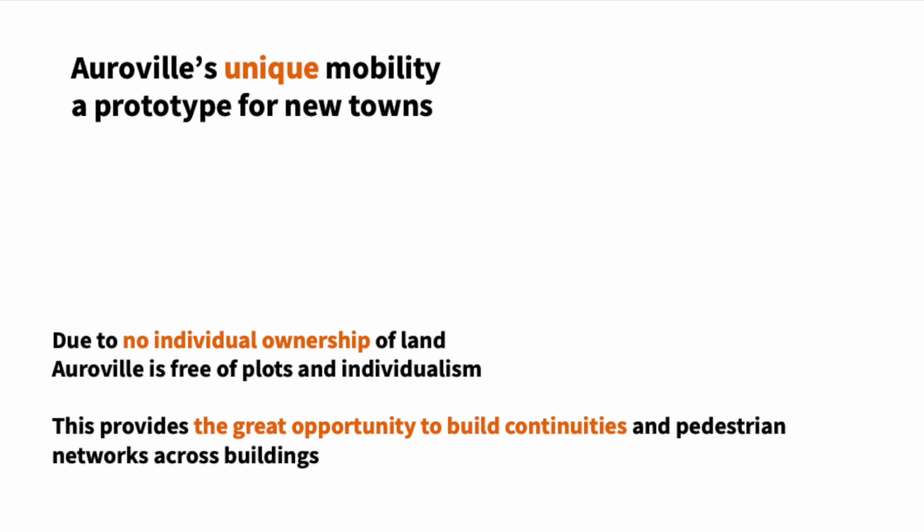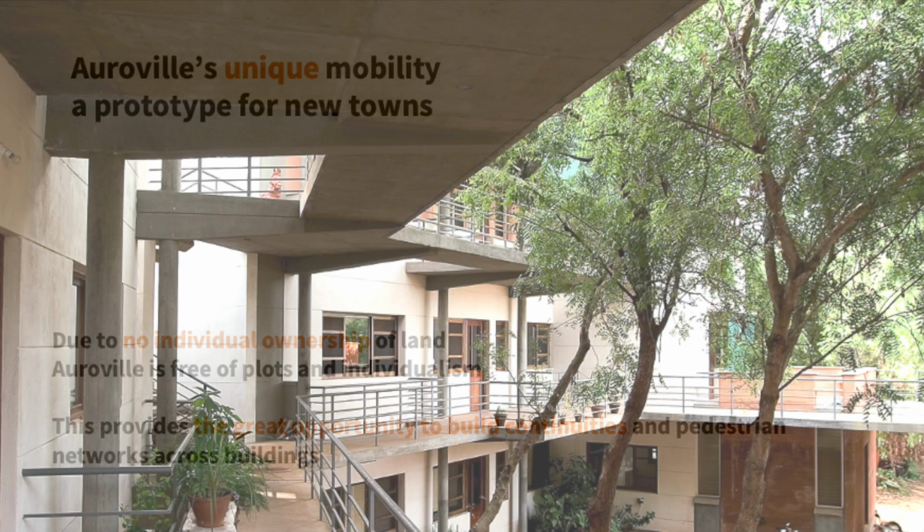This provides the great opportunity to build those continuities and pedestrian networks across buildings. If we manage this, all the other towns can really emulate us. And that's why Auroville was seen as a pilot project to help all the urbanization in India and the rest of the world for the future.